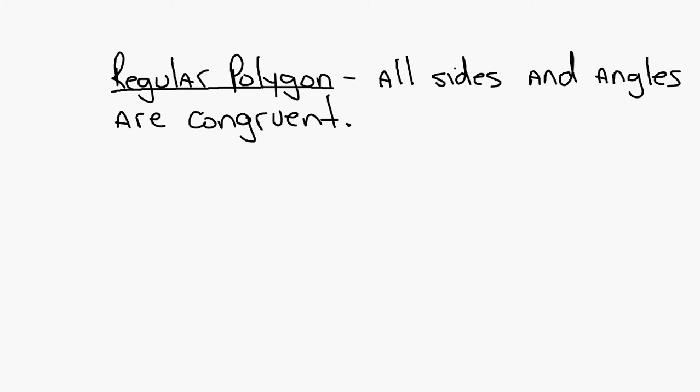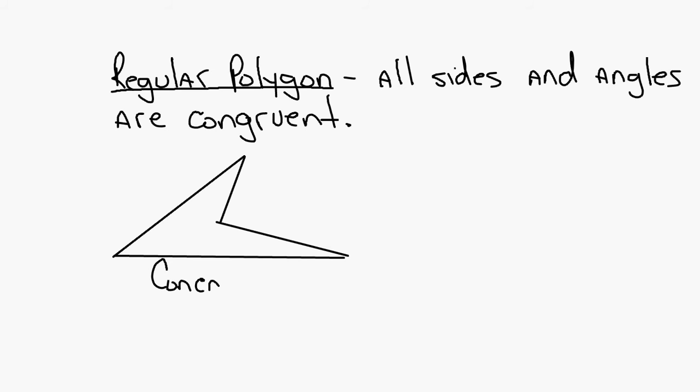And then within your regular and irregular polygons, you have concave and convex polygons. So concave. All right, this would be a concave polygon because one of its vertices is inside the shape.